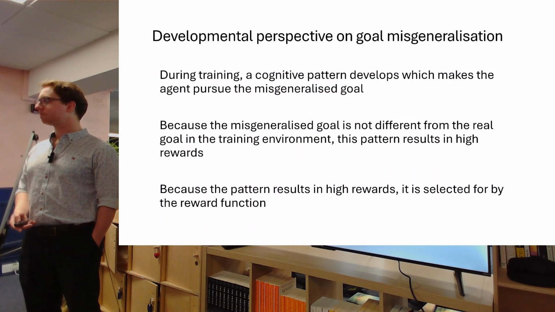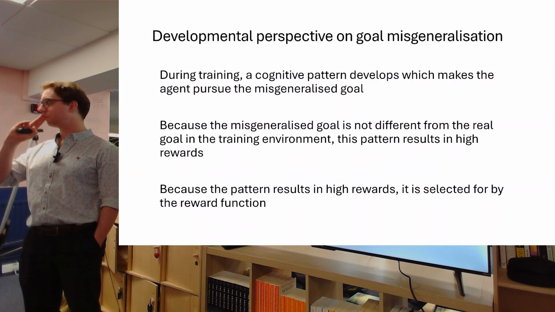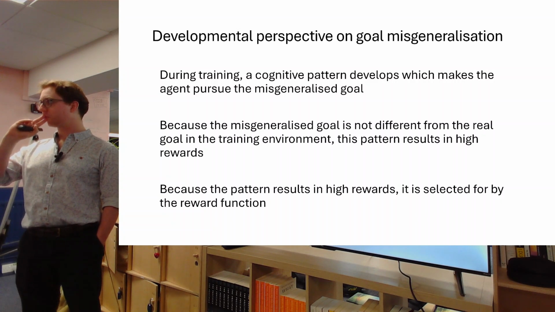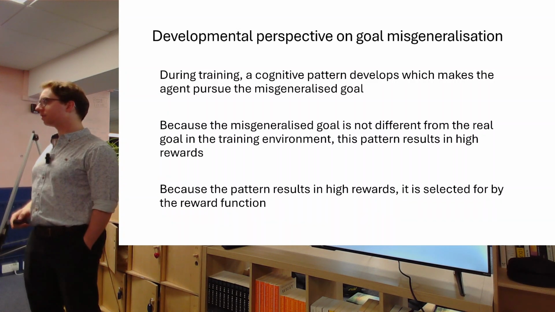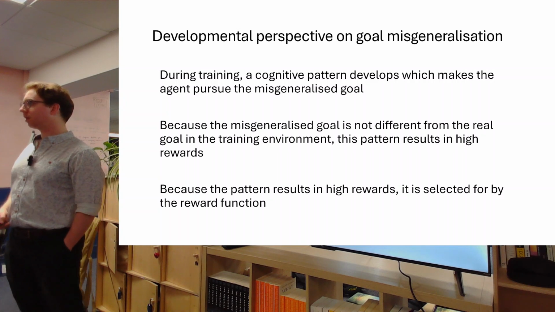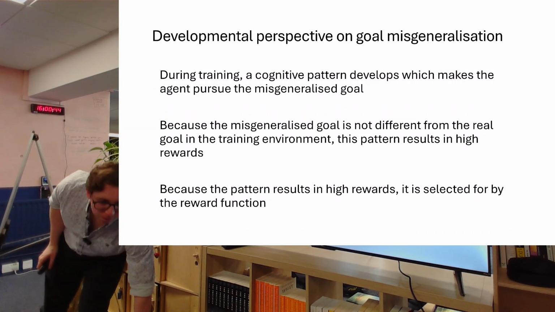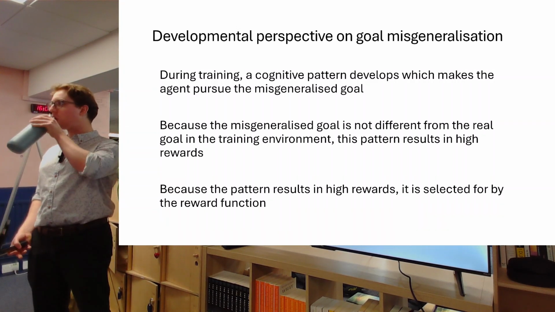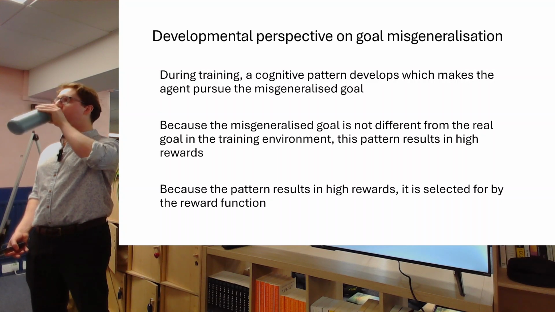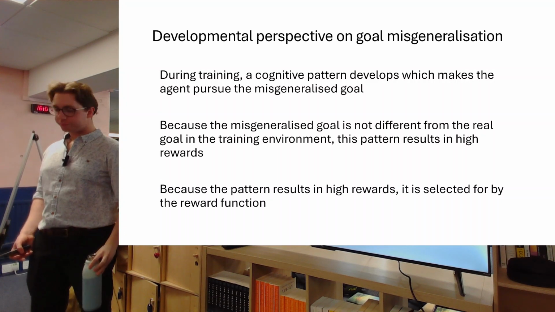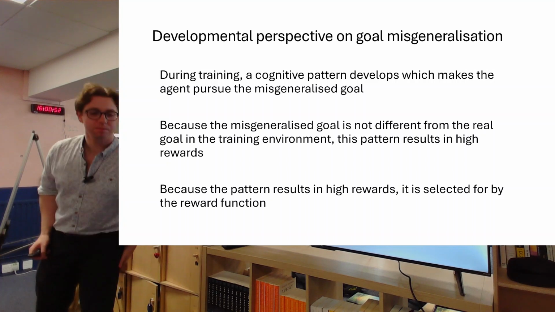Yeah. Are we at the end of the goal misgeneralization part? One more slide, and then yes. My bigger question is what makes goal misgeneralization in reinforcement learning different from supervised learning?